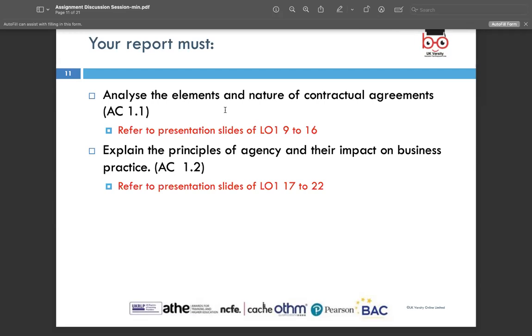Intention to create legal relations: discuss the need for parties to intend their agreement to be legally binding. Capacity: define the... you understand, Martin, that you can use these things within a given scenario. Okay.